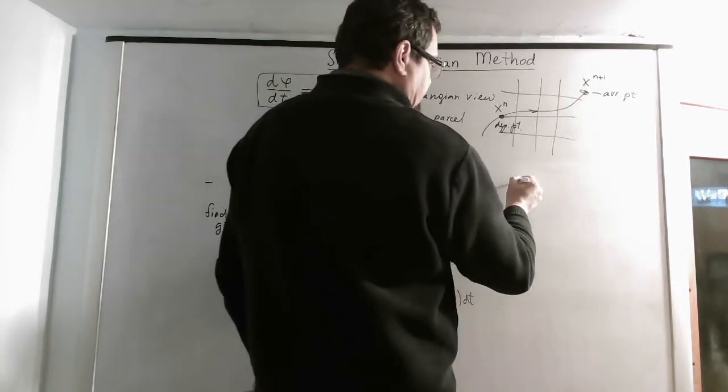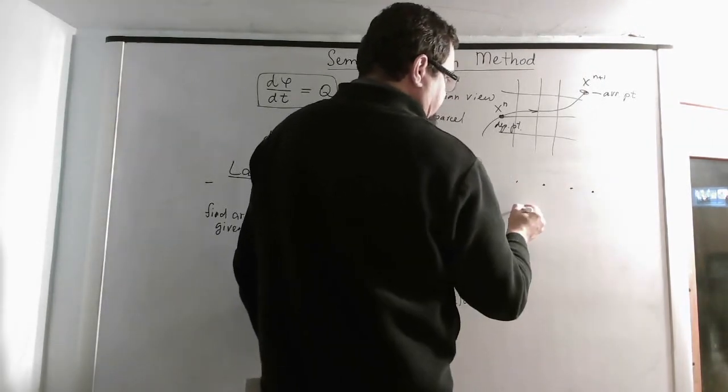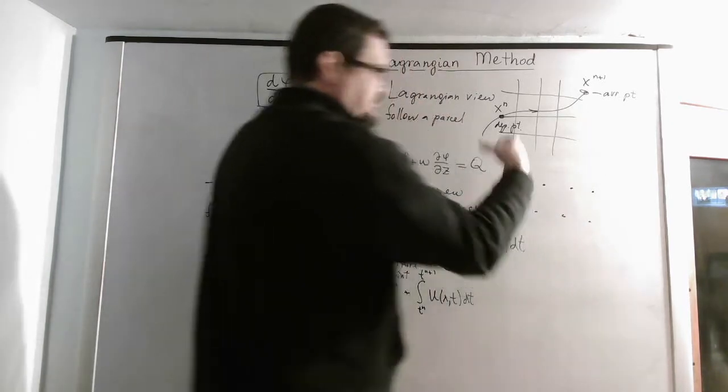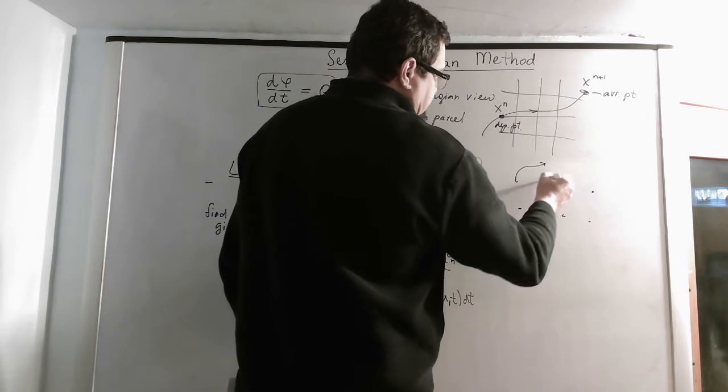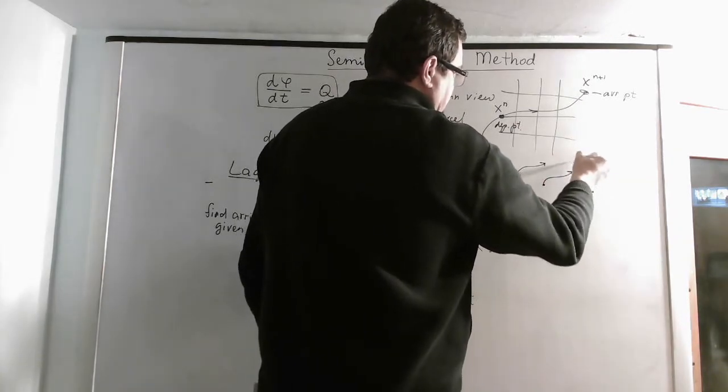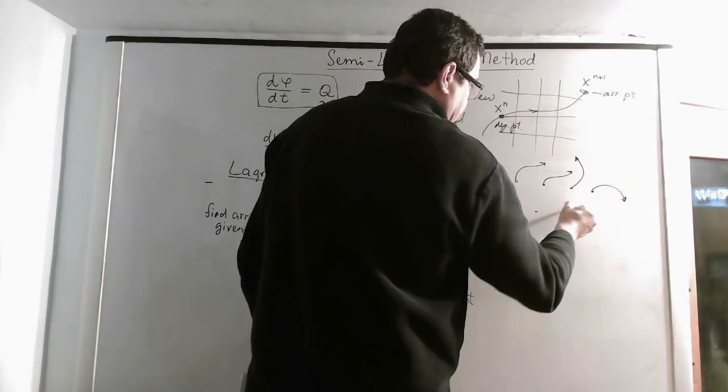Imagine that initially you have some regular departure points and then some velocity field, and then you find your solution, and it may be like that.